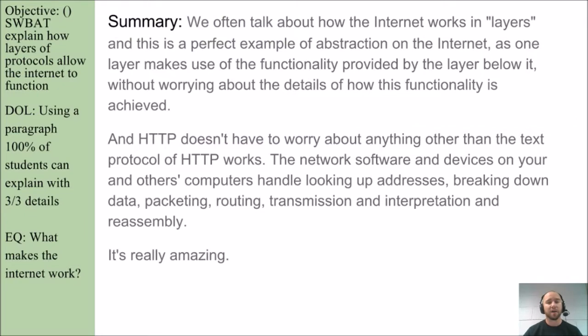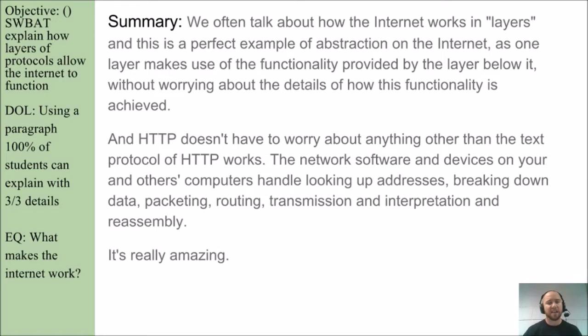In summary, we often talk about how the internet works in layers, and this is a perfect example of abstraction on the internet, as one layer makes use of the functionality provided by the layer below it, without worrying about the details of how that functionality is achieved. So you can think to yourself, how many abstraction layers do I actually understand? Do you understand TCP/IP?